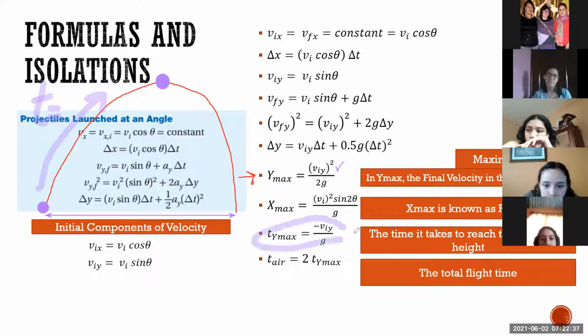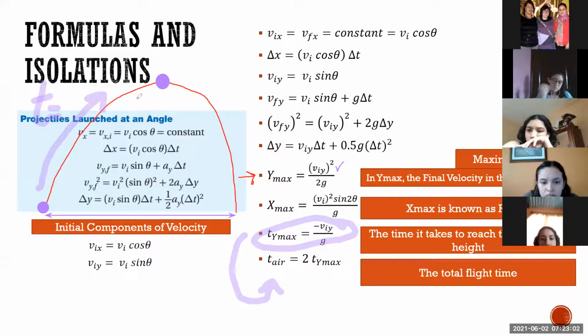Then you will be using this equation. But this equation is not so important, honestly. It is important because it can help you to calculate the time in the air. The time in the air is the time that it takes to do that total path, the total flight time, okay?